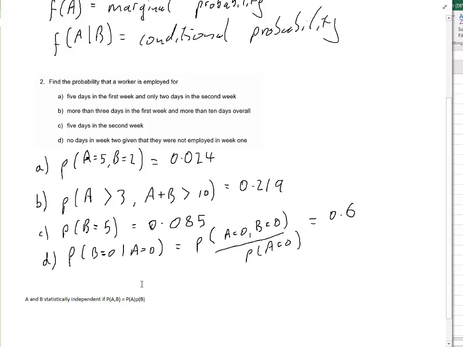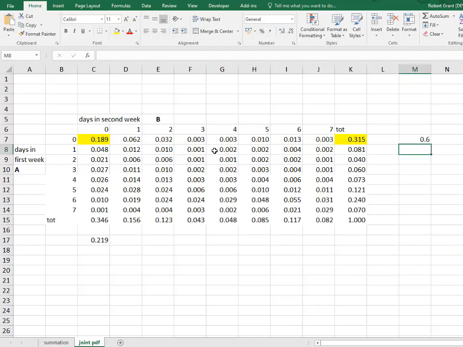So in terms of the table of values we've got, that essentially means that all these values inside here would have to be given by the marginal probabilities multiplied. So this would have to be that times that. So let's just get rid of that.